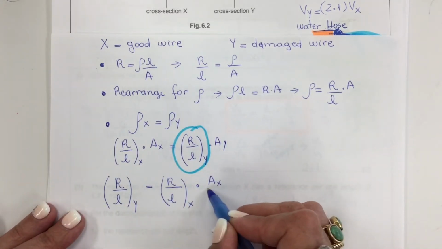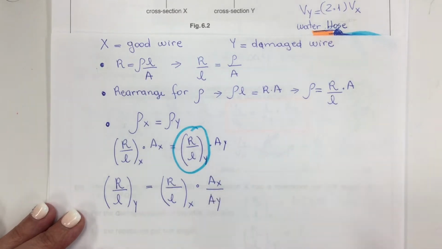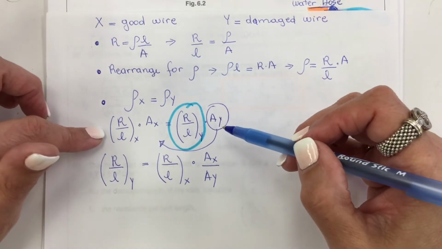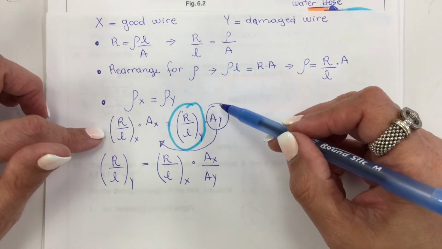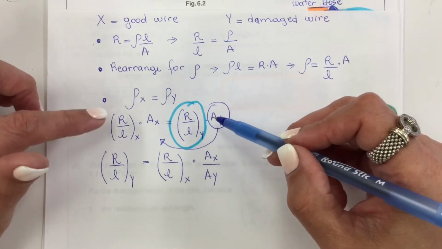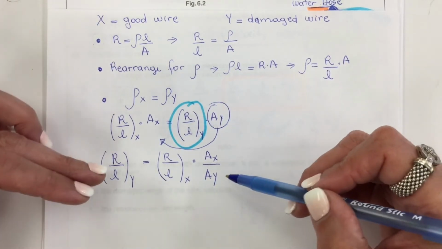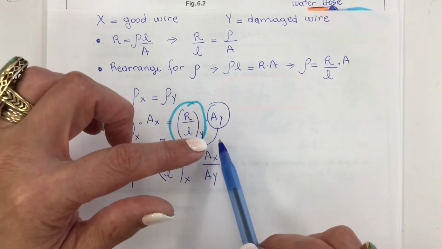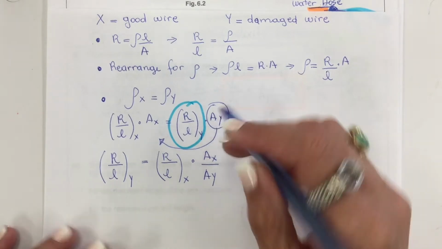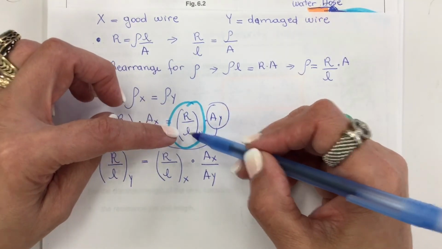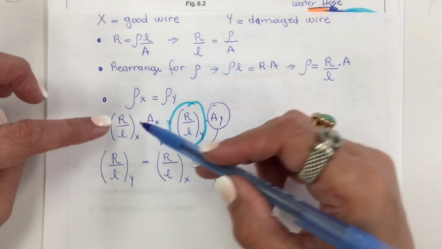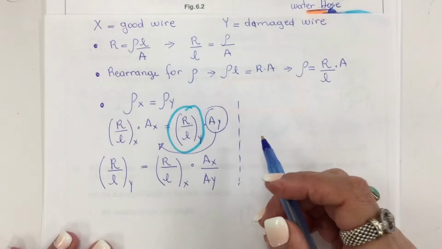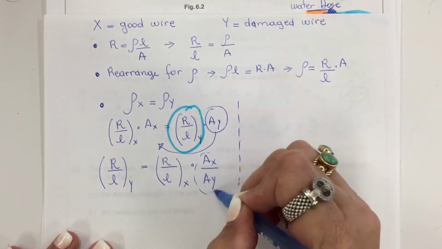So this is over AY. Another way that you can do this is divide both terms by AY to eliminate this AY. If you divide both terms, you will have the same result. Divide here by AY and divide this by AY, and you just cancel this, and you have R over LY, which is this one, times this over this. Now this is the question, where do I get this?